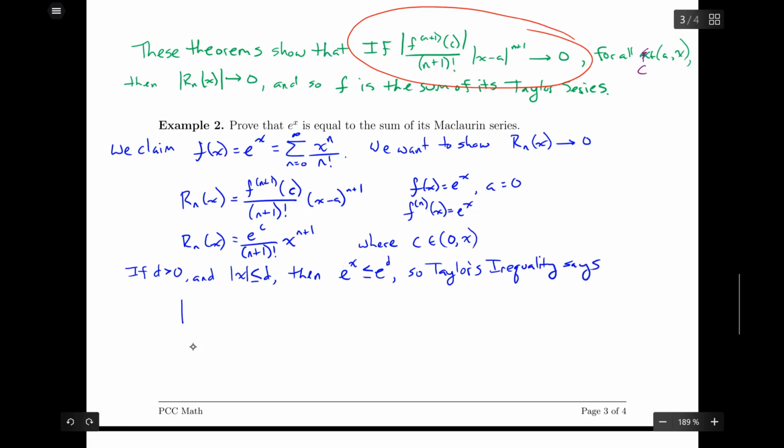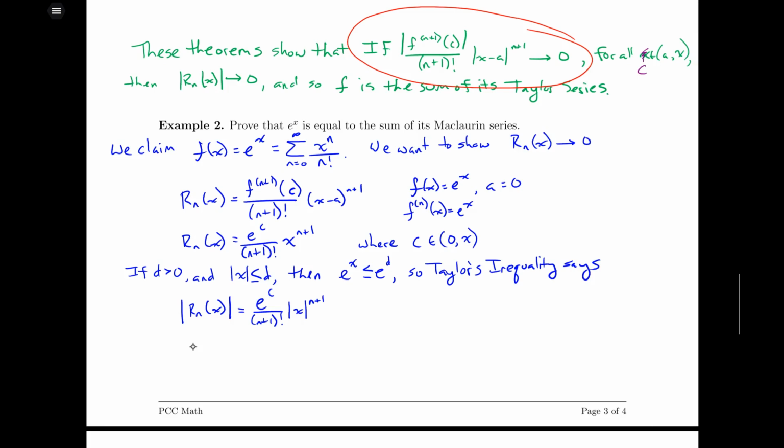the size of the remainder, r sub n of x, is less than or equal to e to the c, which is positive, over n plus 1 factorial, which is positive, multiplied by the absolute value of x, which we're not sure about, but let's just put it in absolute values just in case, to the power of n plus 1.